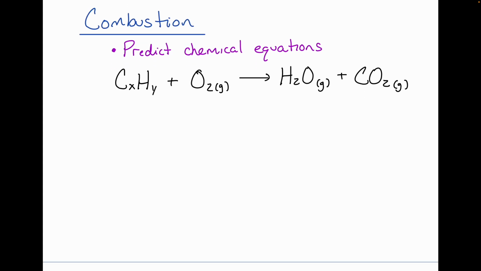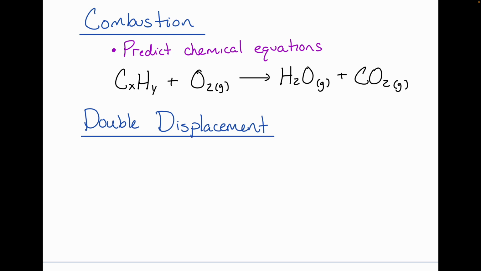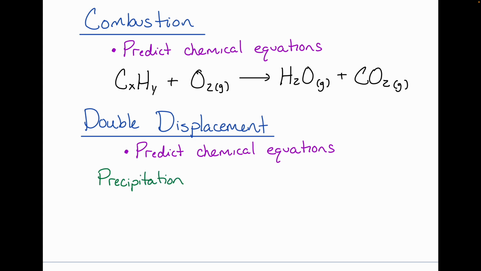And then we highlighted double displacement reactions. These were also ones where we learned how to predict the chemical equations for two particular classes of these double displacement reactions: precipitation and acid-base.